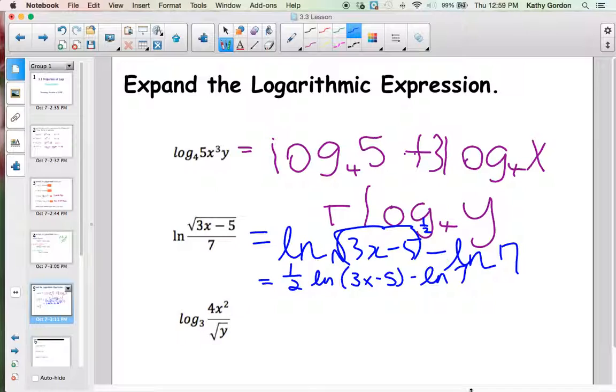Because ln by itself means nothing. It's not a value. It doesn't equal anything. ln is a function. It's what we do to something else.